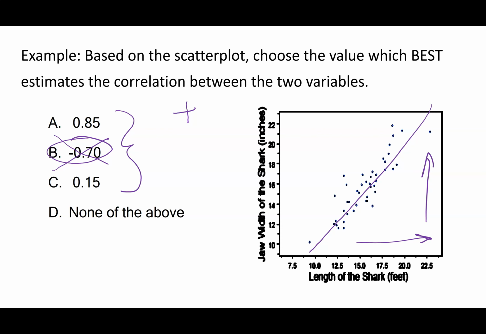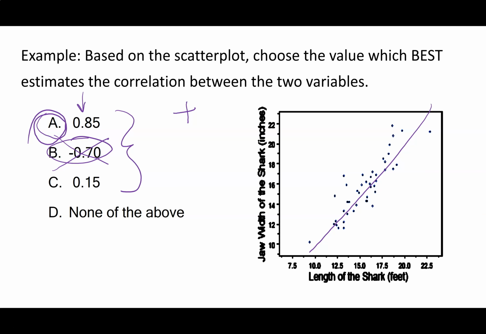Maybe, but it would be kind of a stretch. If you looked at 0.85, you'd go, no, there's definitely a linear relationship here. It's not perfect, but it's fairly strong. Between those two options, I would go with A. 0.15 is far too weak here.